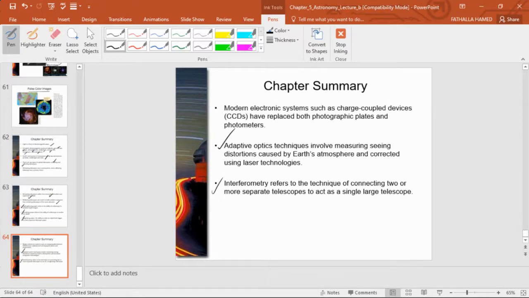I mean, radio astronomy is something big on its own, and so are telescopes and things like that. But we want to give you a flavor of what is used in observation in astronomy. Are there any questions on these? Any questions?